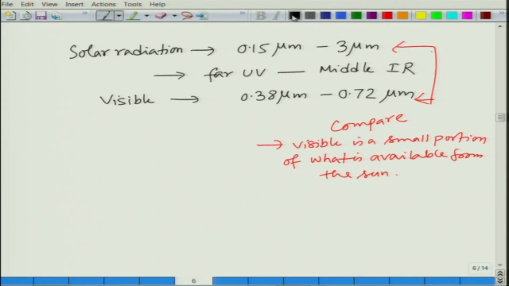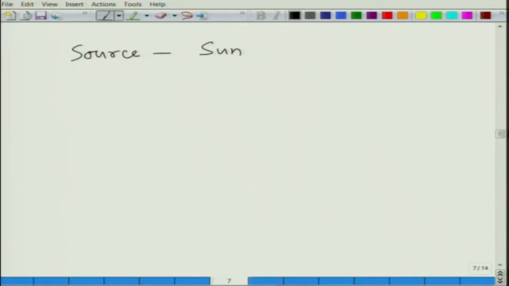Now, all this radiation, let us go to the source. The source is the sun. So, we have understood somewhat about the range of solar radiation. Now, we will talk about the source of all this radiation. What is the sun?